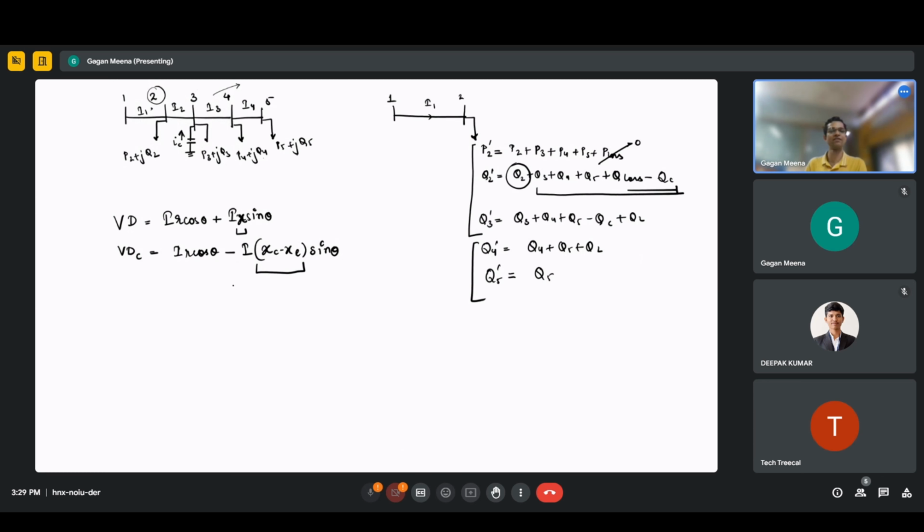Okay, correct. So it might happen that the series capacitor which is connected in the line is designed for normal levels, normal loading. But if load increases, then that value of capacitor may result in overcompensation.